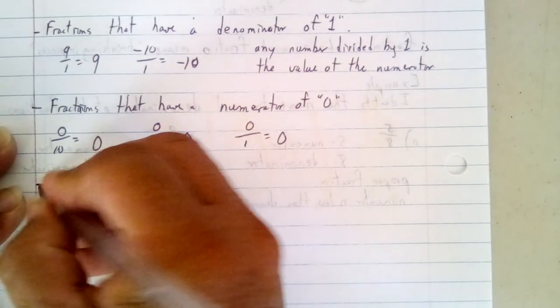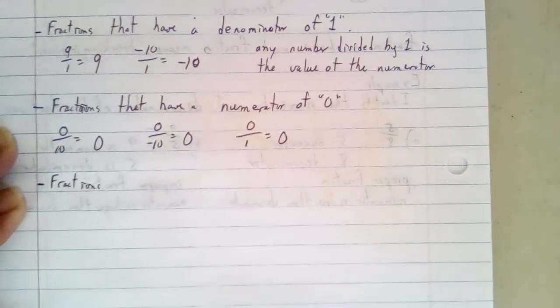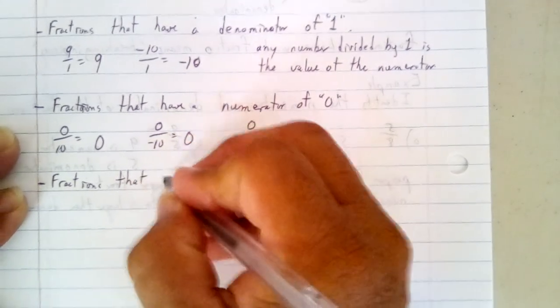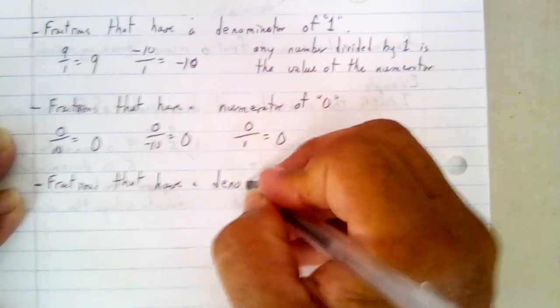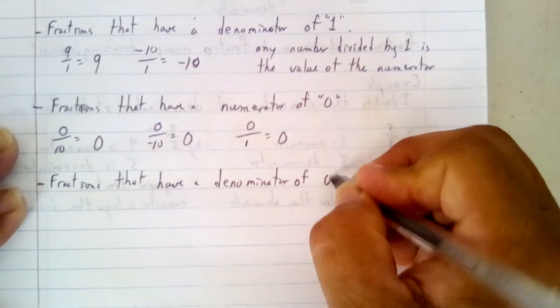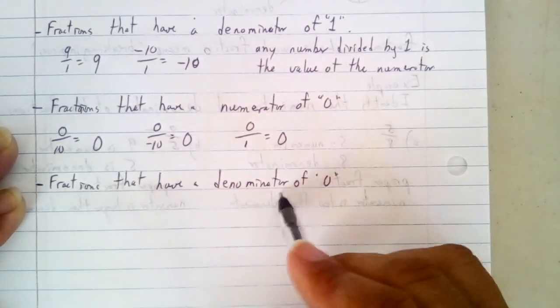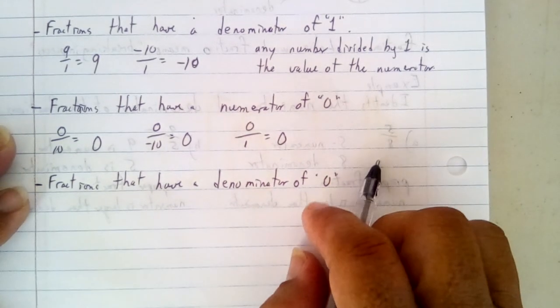Let's go to the fourth one. Fractions that have a denominator of 0, different from this one here. This is the numerator, this is the denominator. So we have division by 0 now.